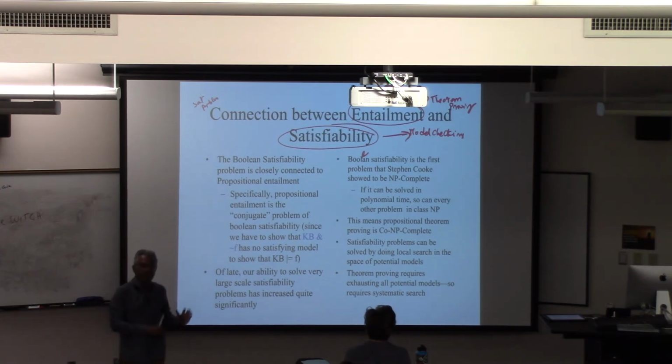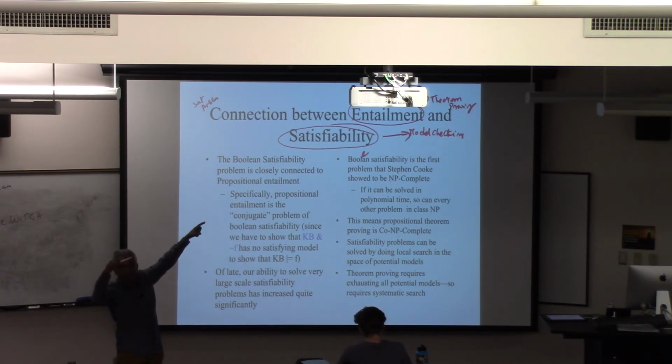So the good solutions for model checking, Boolean satisfiability, would be much better than just the one that I showed you, which is already very good because as soon as in that search tree you get a partial assignment that is dead, you can stop searching. That's a huge win. But there are other things that you can do which involve, as part of doing model checking, you do a little bit of theorem proving.